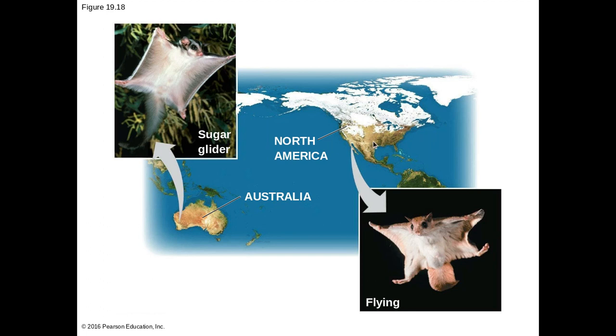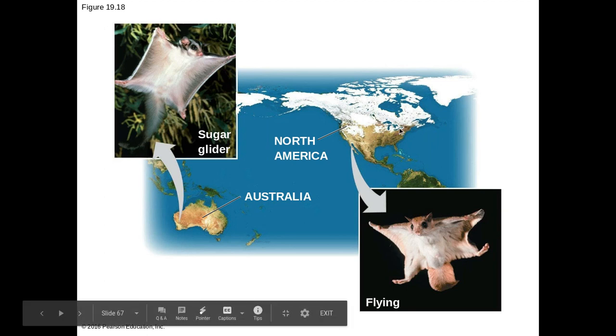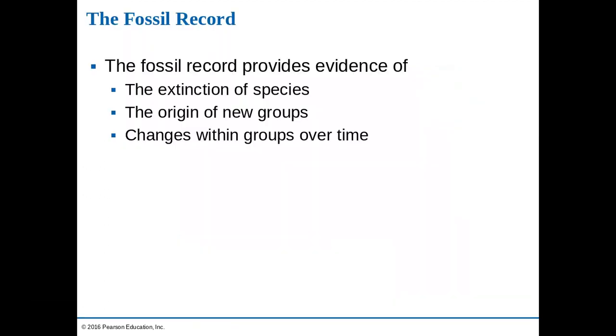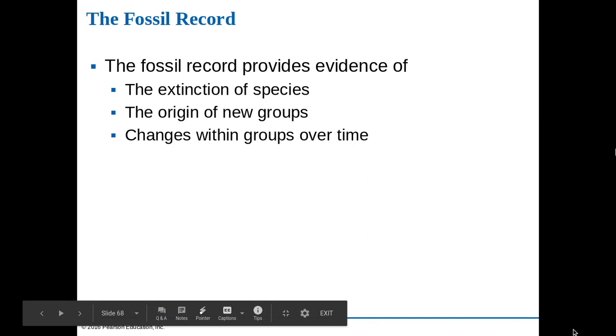We think instead they evolved these features separately, but the south coast of North America and the area of Australia have very similar environments, very similar food sources, and so we think that they evolved in these separate locations totally separately, and this would be an example of convergent evolution.